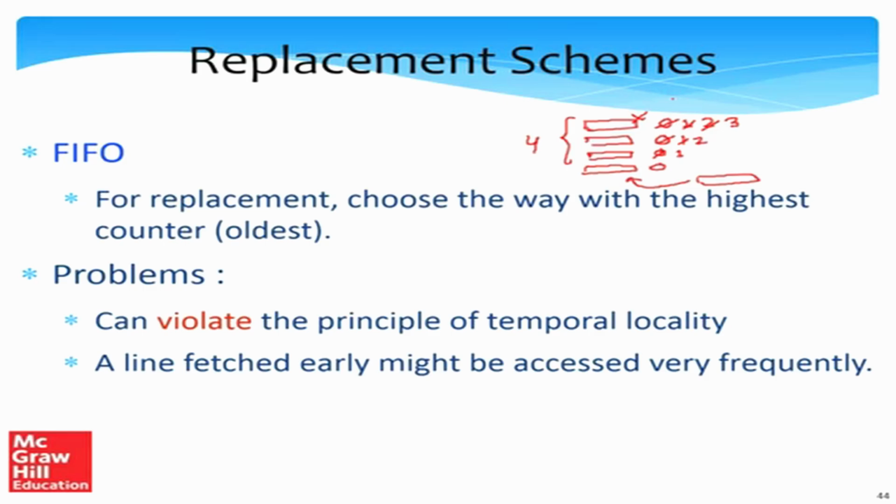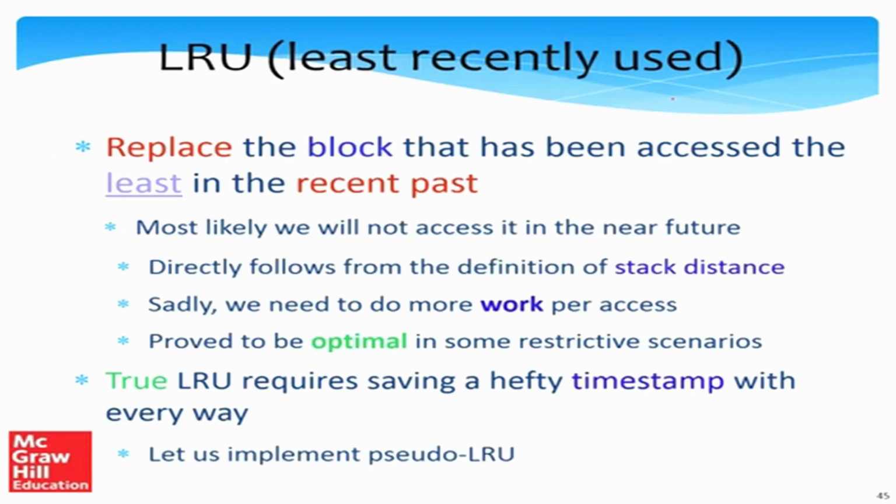What we want to do instead is evict that line which has the least probability of being accessed in the future. There is no way of knowing what's going to happen in the future, but at least we should look back into the past and try to find a line which most likely will not be accessed in the near future. So one such scheme is LRU, least recently used. The idea here is that we replace the block that has been accessed the least in the recent past.